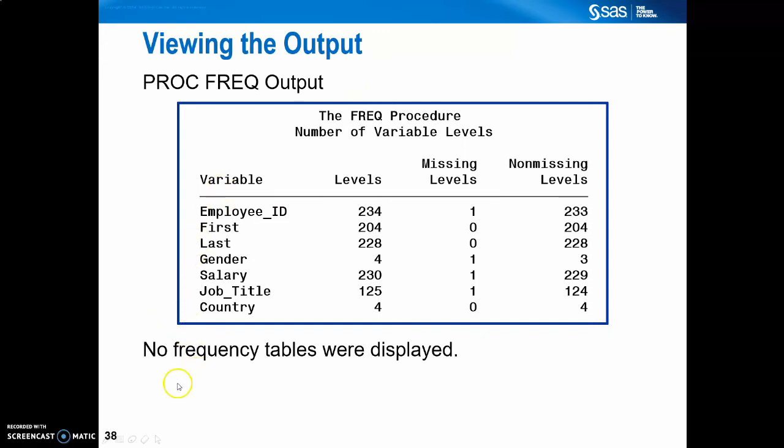As mentioned, NLEVELS with the _ALL_ keyword and the NOPRINT option will provide you the information without the frequency tables, as shown. The _ALL_ keyword will provide you all variables, with each level, missing levels and non-missing levels.